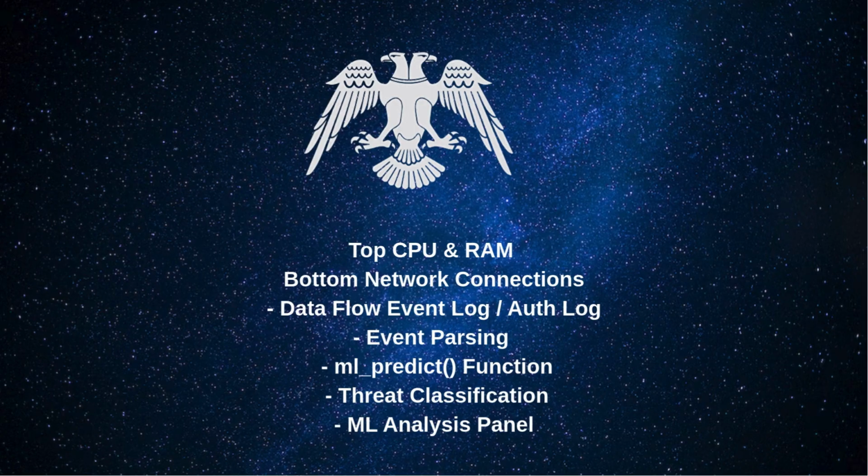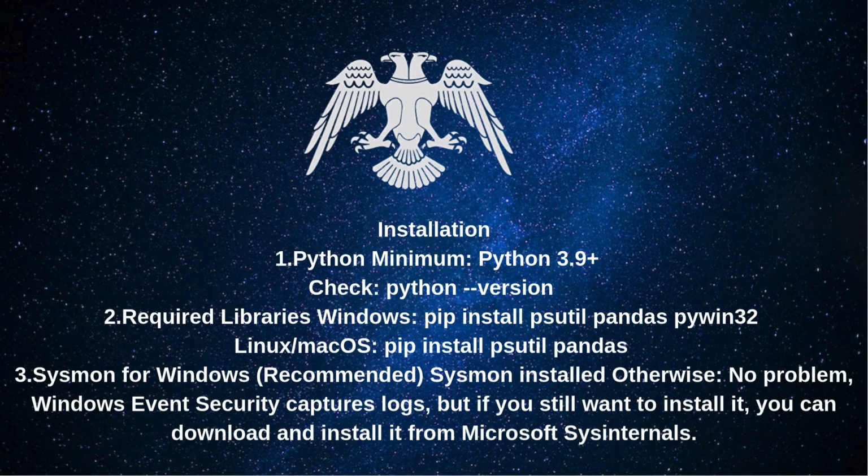Now I am telling how to install my software on your system. Python minimum 3.9 plus. If you want to check your Python version, use python --version.